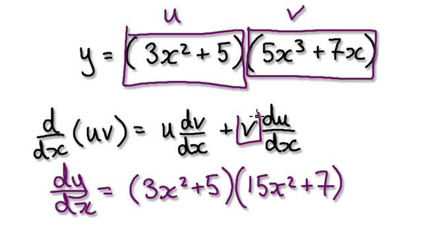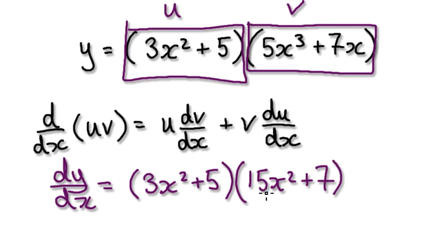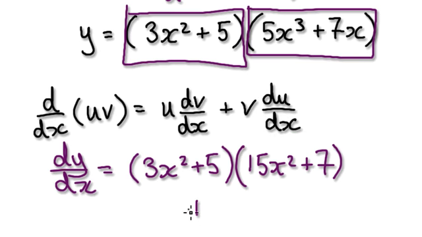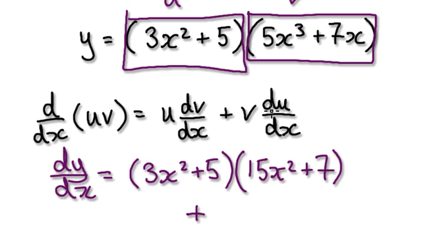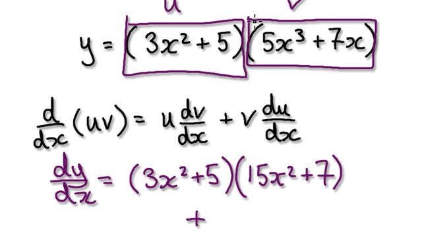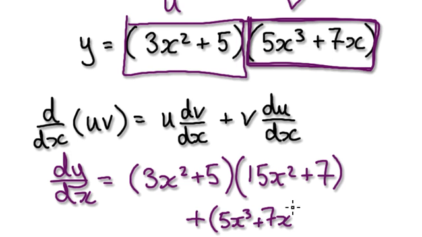To do this, keep v the same and then differentiate the u. So plus, now keep v the same, which is 5x to the power 3 plus 7x.